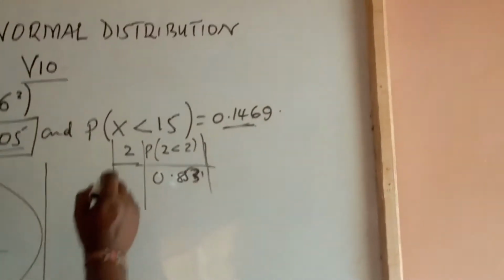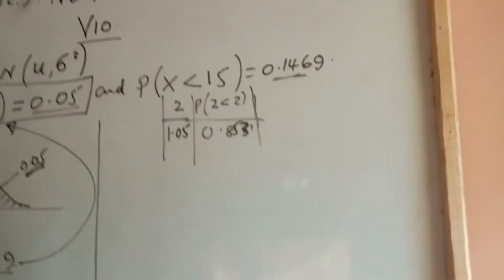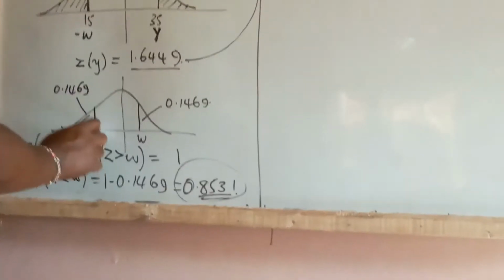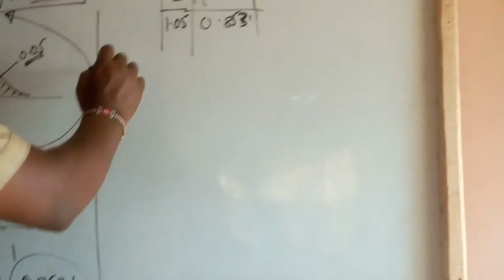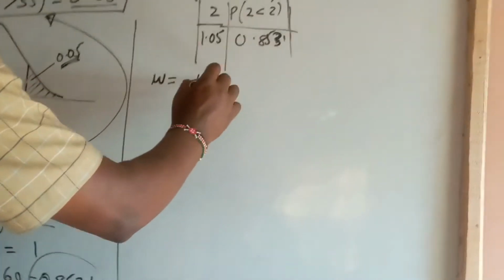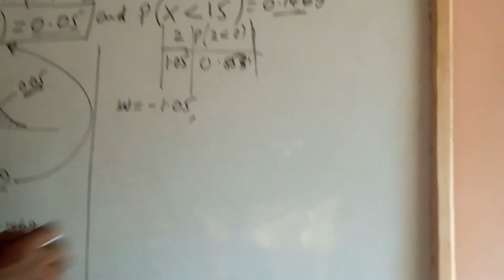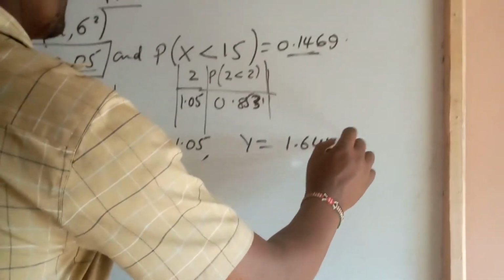And our z is 1.05. And remember, what did we say? Our w is going to be negative. So w is negative 1.05. And yes, y is 1.6449.